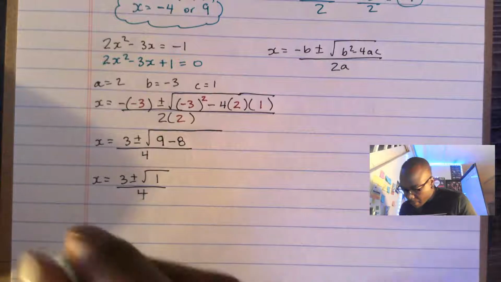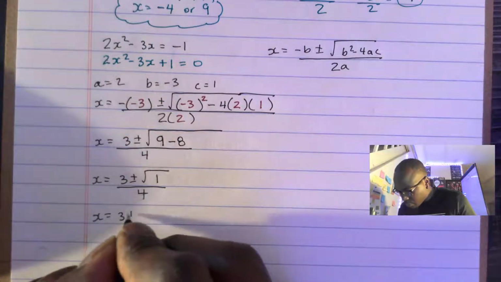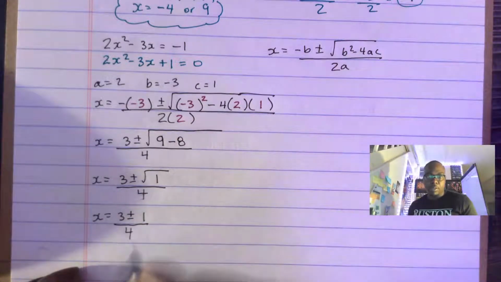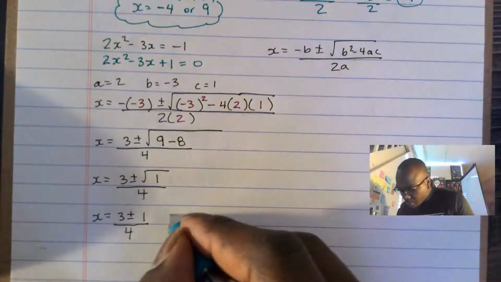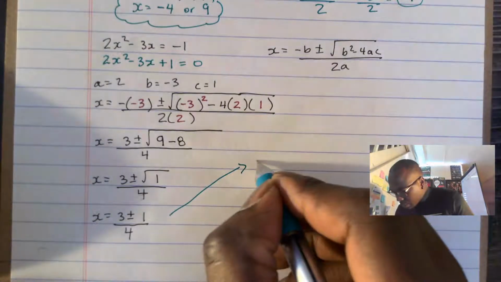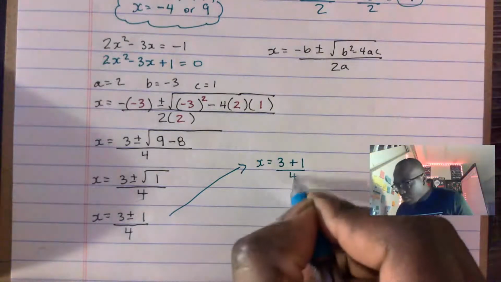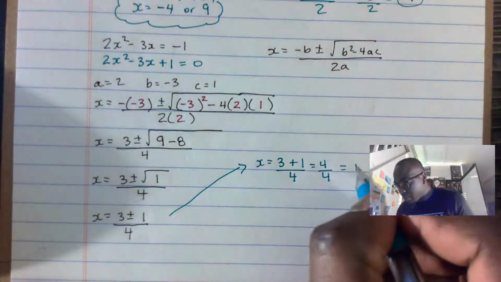Good job. Alright, so we got x equals 3 plus or minus 1. The square root of 1 is 1 over 4. So again here, I have two options. Option 1, x equals 3 plus 1 over 4, which is 4 over 4, which is 1.